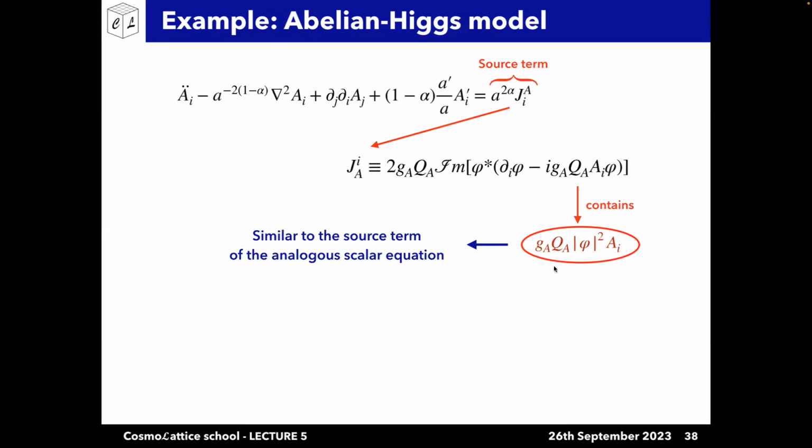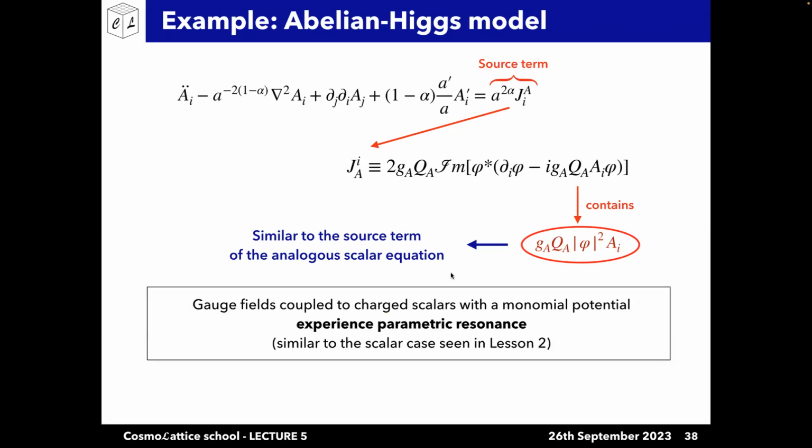And this term is identical or very similar to the source term of the analogous scalar equation that we have simulated this morning. Right? So before, in the equation of motion of the daughter field, we had phi squared chi, and now in the equation of motion of the gauge field, we have phi squared A_i.